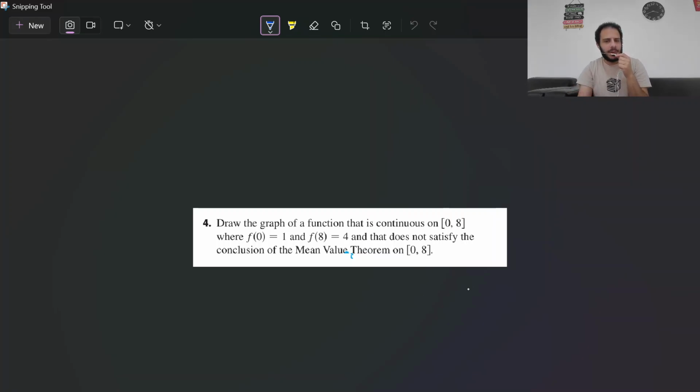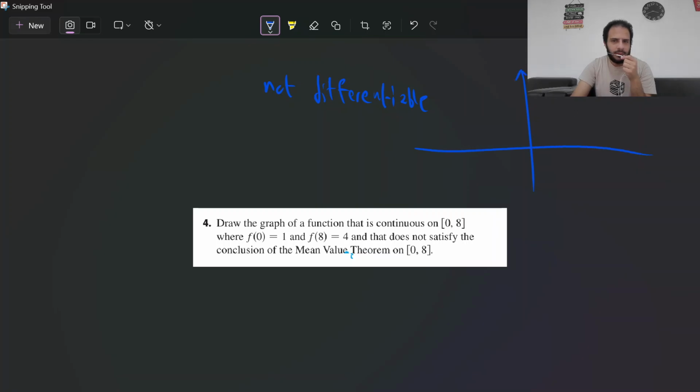If it does not satisfy the conclusion, what can we do? We need it to be not differentiable, right? So we want a function that is continuous but not differentiable. Now we will do that.